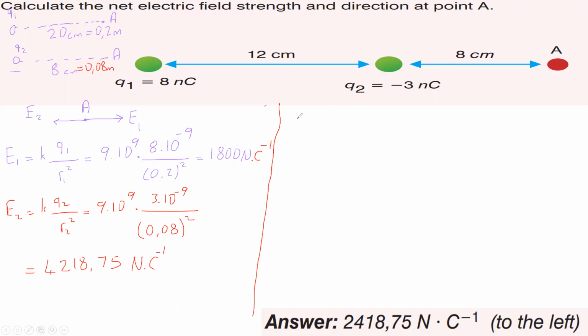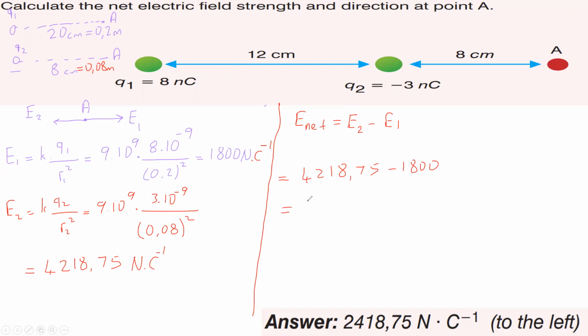From now, what are we going to do? We are getting the net electric field with direction. E net equals, what is first, E2 or E1? Let's see which one is bigger, which one is more. As you see, E2 is stronger than E1. So we can write E2 minus E1. E2 is equal to 4,218.75 minus, we are calculating, minus 1,800.